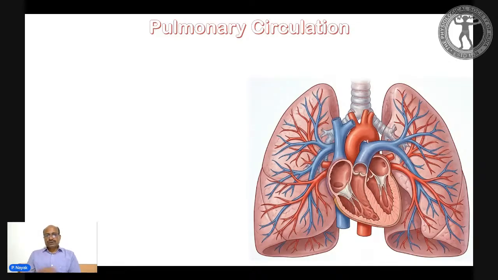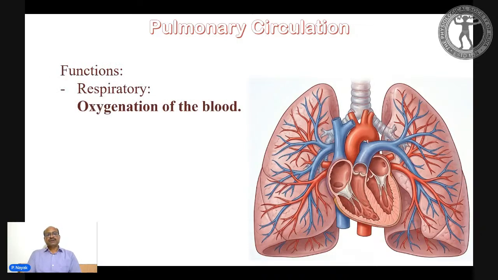Before we go into the functional anatomy of the pulmonary circulation, we should know what the functions of pulmonary circulation are. Obviously, the major function of the pulmonary circulation is the respiratory function, where oxygenation of the blood is important. As all of us know, the RBCs, hemoglobin, and the transport of gases are by the systemic circulation.